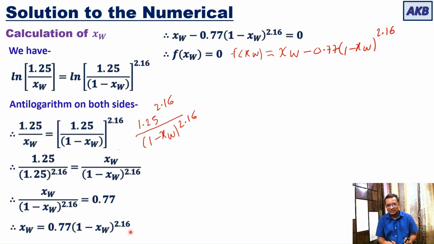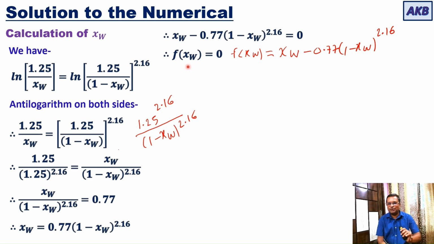You can use your calculator to solve this equation to get the value of xw, or what I am going to tell you, I'll tell you how to use a root finding method, a numerical technique, to get the value of xw. And over here I am going to use the Newton-Raphson method.